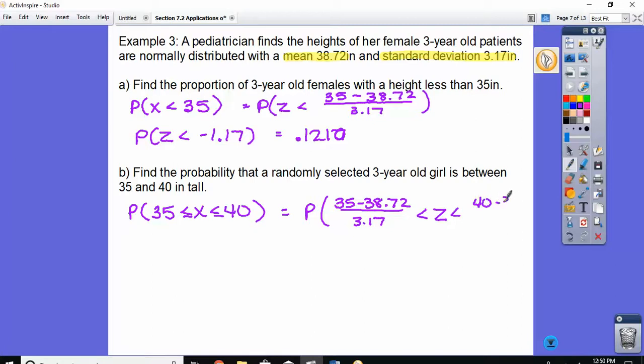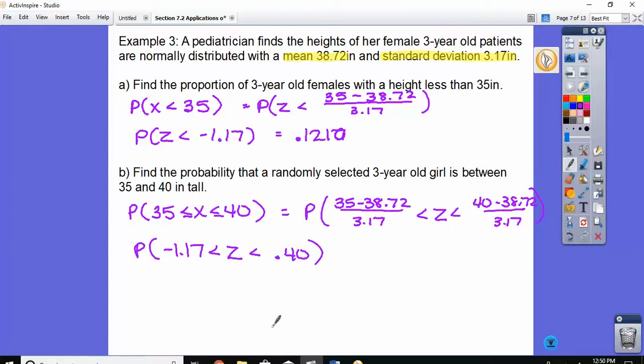So x minus the mean over the standard deviation. You get your z's: negative 1.17 is less than z is less than 0.40.